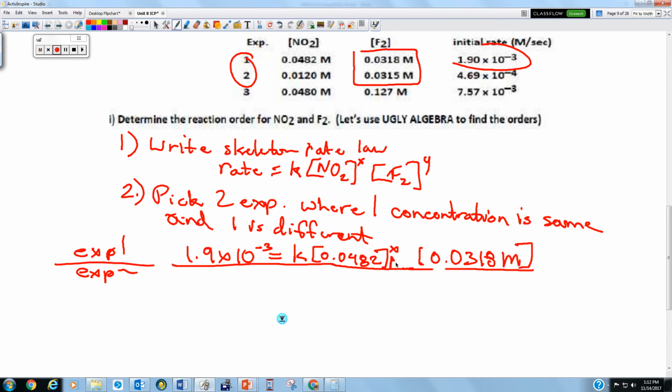And this is molar to the Y. Now, you're going to do the same thing with experiment 2 on the bottom.